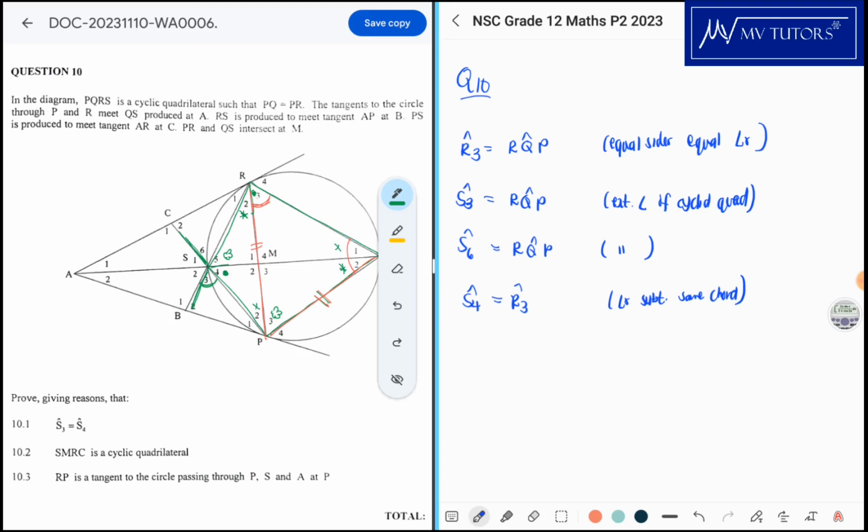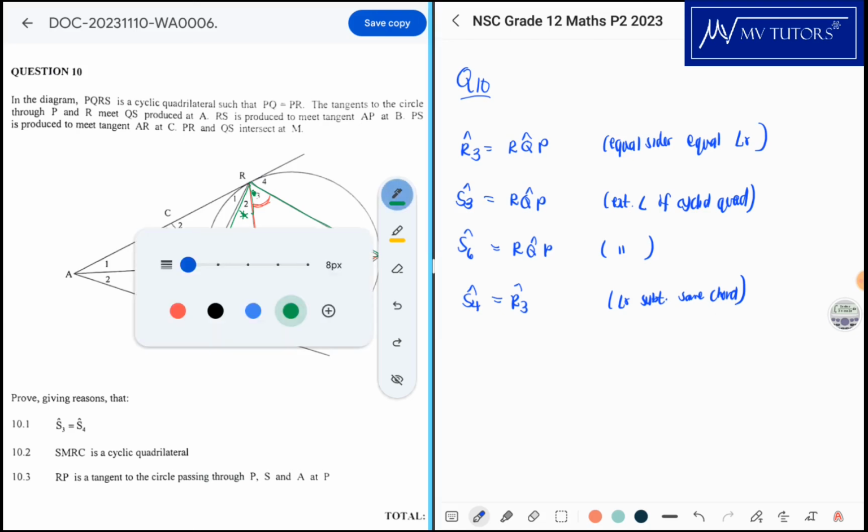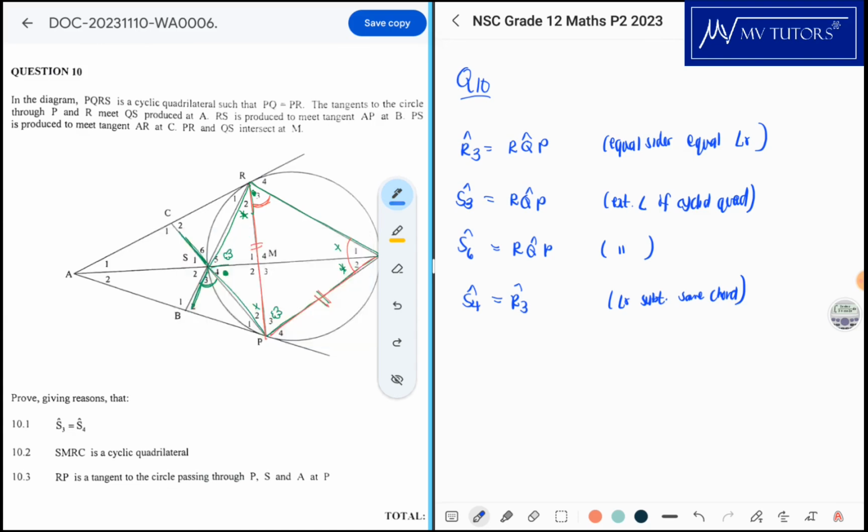Then it says the tangents to the circle through P and R meet QS produced at A. Okay, so now if you have tangent lines, remember, let me use a different colored pen. I hope you know that in this case, AR will be equal to AP.